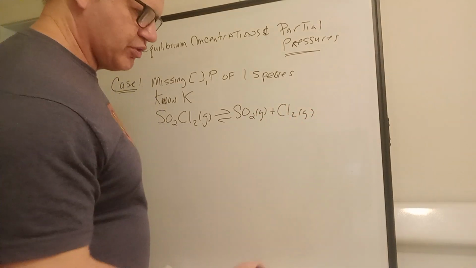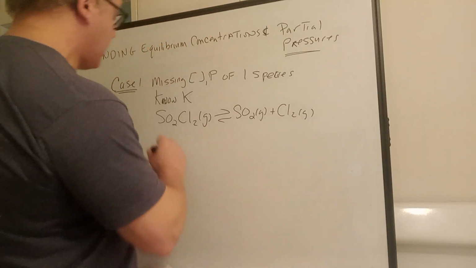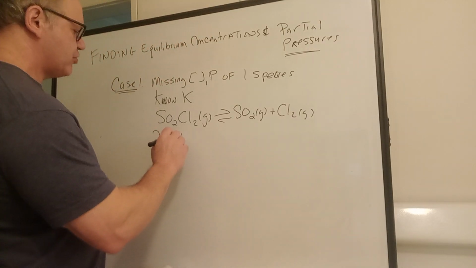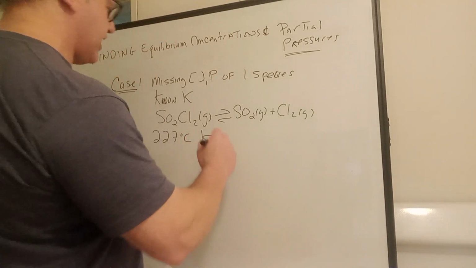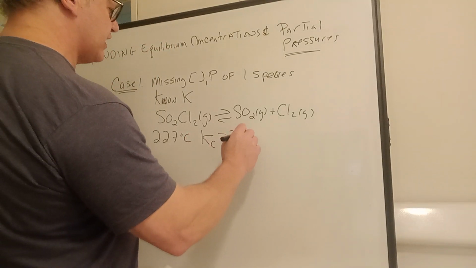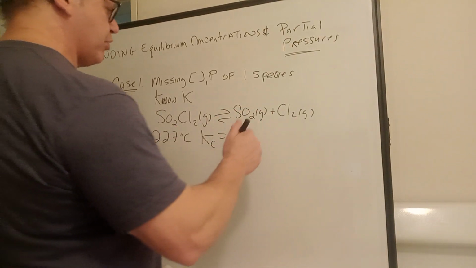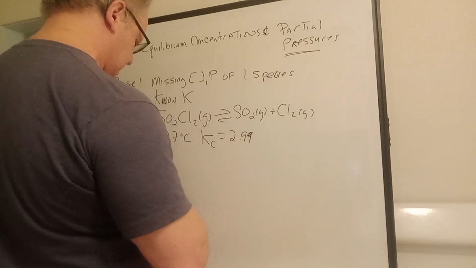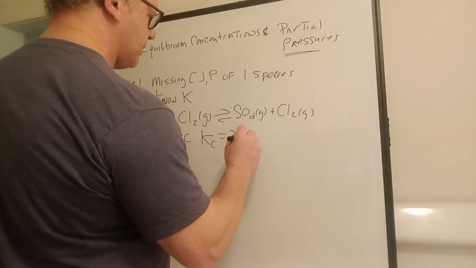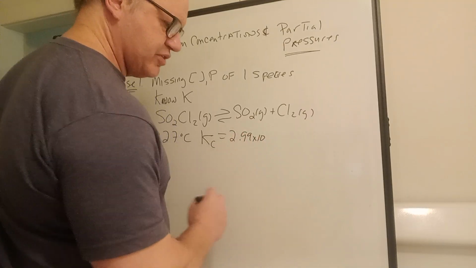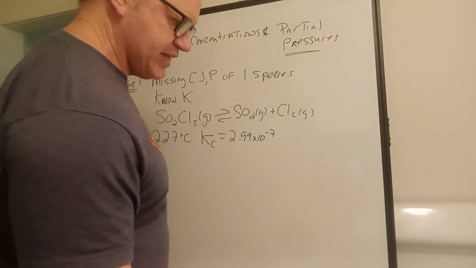We're told at a certain temperature, 227 degrees Celsius, Kc is 2.99 times 10 to the minus 7. Kc and Kp will be different. And we have some information on this system.